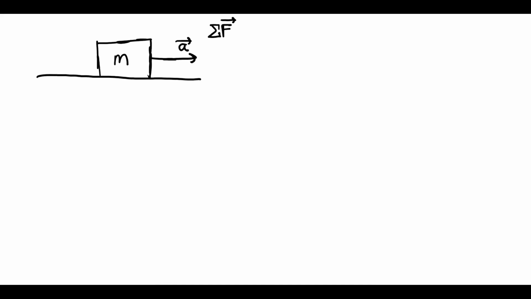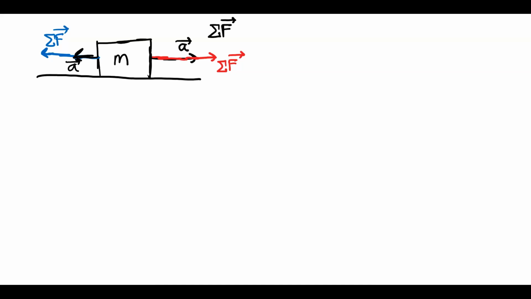That means if your net force is this way, then your acceleration will also point in the same direction as the net force. If your net force is to the left, then your acceleration points that way.